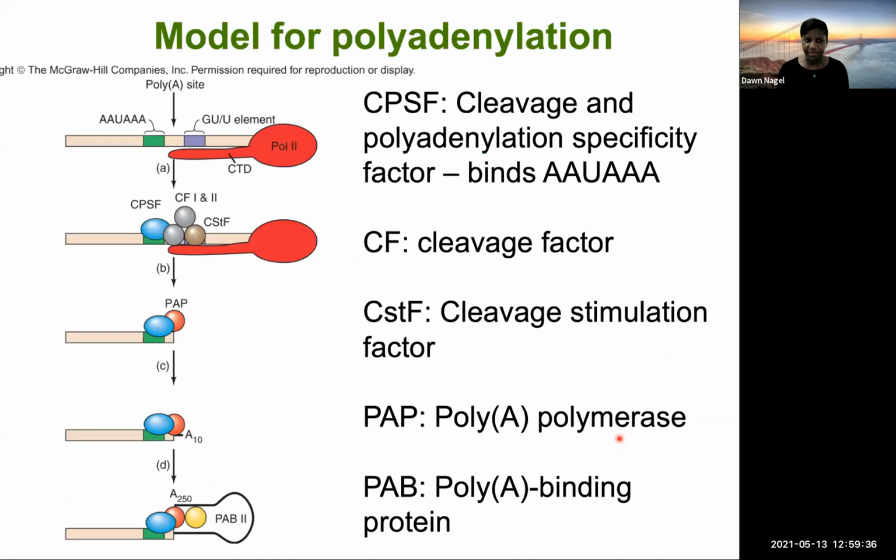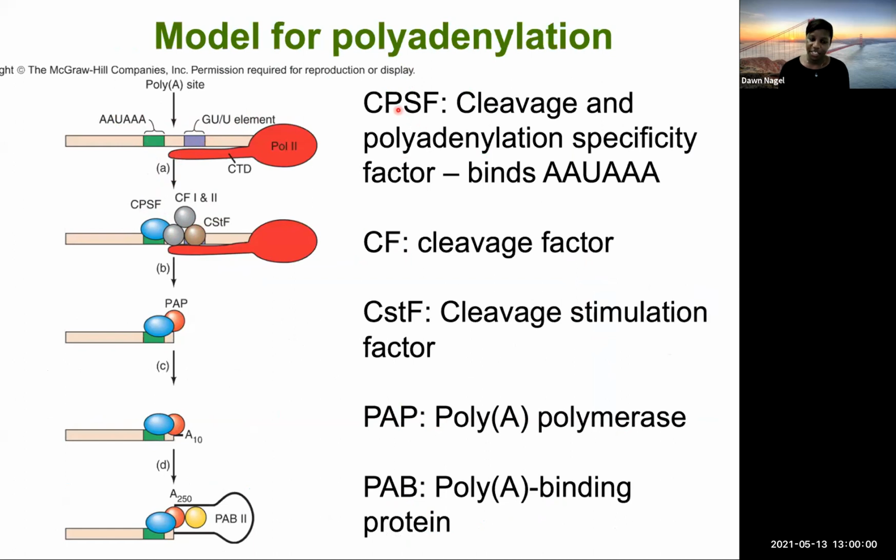So this is important because the reason that you have this polyadenylation site, which is this conserved sequence, and then you have this GU or U-rich region downstream, is that the enzymes that recognize and help to cleave that site recognize these sequences.